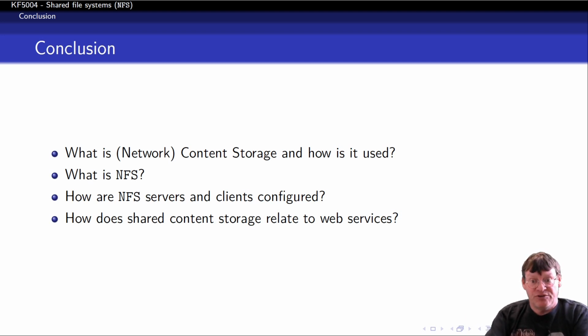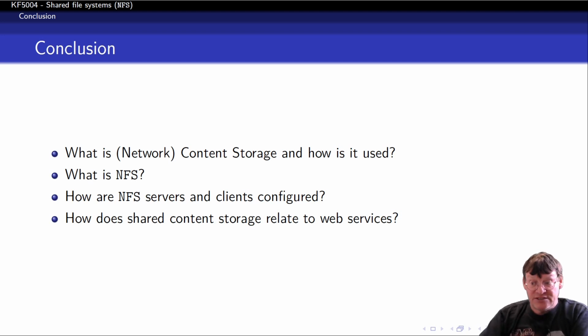But we can go further, and there are others. We also know that the server requires clients to be configured to connect to it, and the servers need configuring with a certain level of security to allow those clients to connect. The clients in our case are the web servers. So browsers are clients to the web server. The web server is a client to the NFS server.